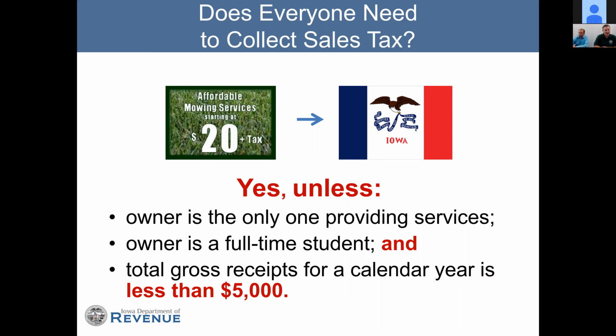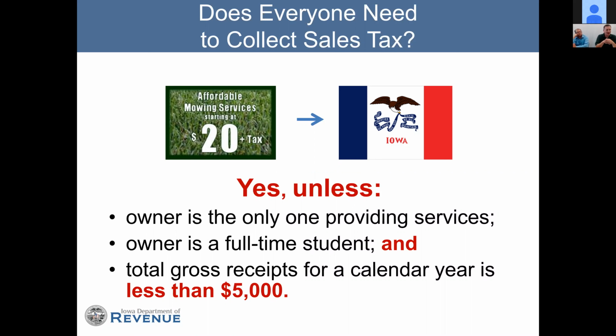I think the concept here is so that the Department of Revenue is not out looking for every kid that's mowing the neighbor's lawn. If they are a full-time student making less than $5,000 a year, there is a specific exemption that's considered to be a casual sale, and they do not have to collect tax.